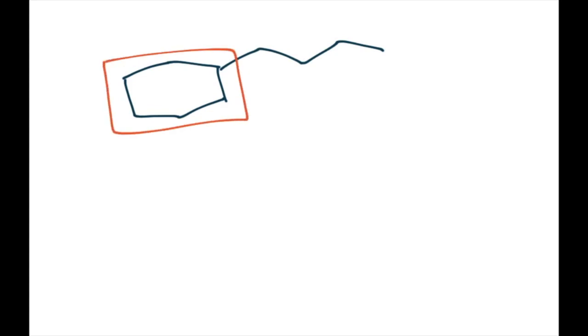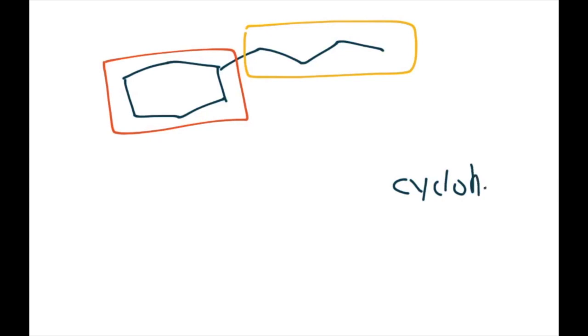So we have something like this, right? We've got a cyclohexane, and then how many carbons do we have attached to it? 4. So that means that our cyclohexane gets to be the parent hydrocarbon, and then we just have butyl as a substituent. Now, when you only have one group on a ring, you don't have to put a number.